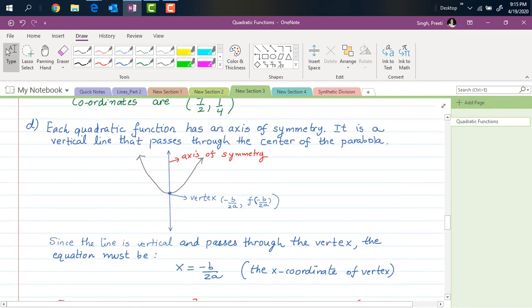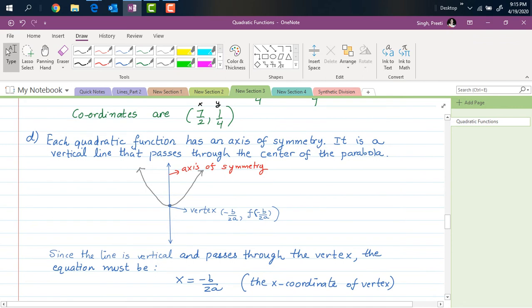The next important thing is the axis of symmetry. Each of your parabolas has an axis of symmetry. For example, y equals x squared has the y-axis as its axis of symmetry. All parabolas are symmetric about some vertical line.